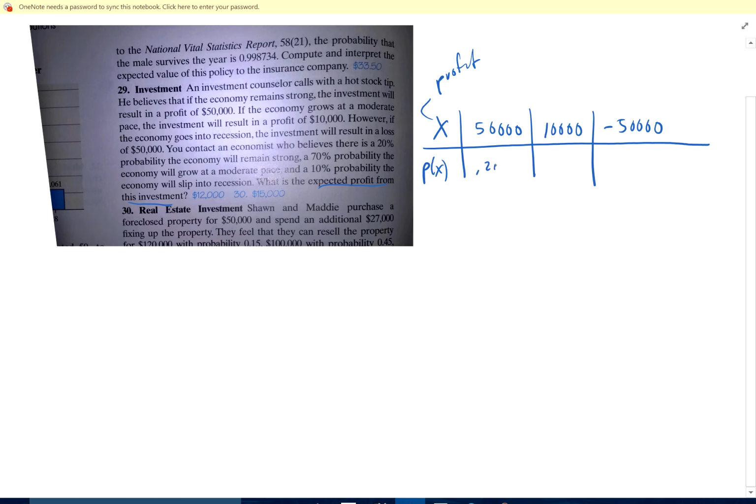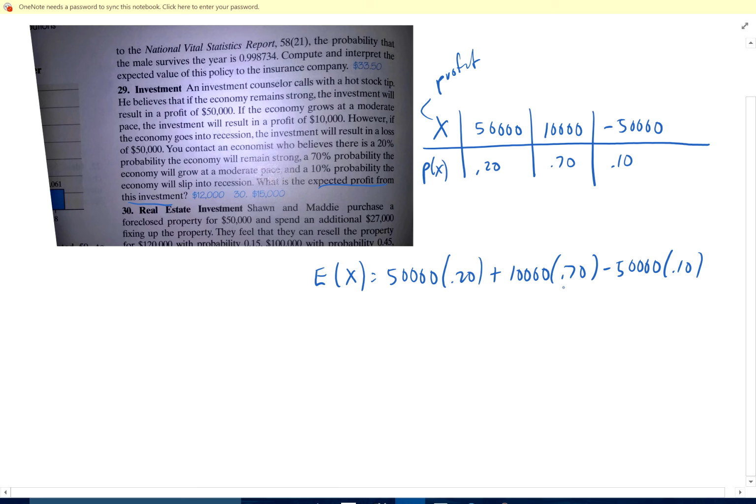Well, it could be 20%, could be 70%, could be 10%. Okay, so the expected profit is 50,000 times 20% plus 10,000 times 70% minus 50,000 times 10%, right? Because you lost 50,000 10% of the time, but you make this the rest.